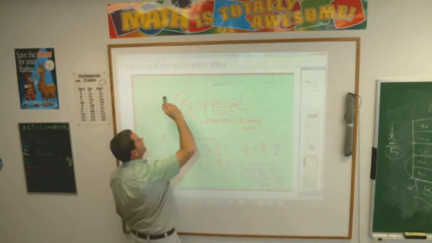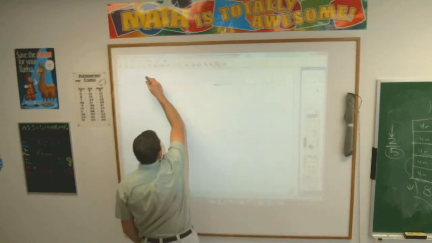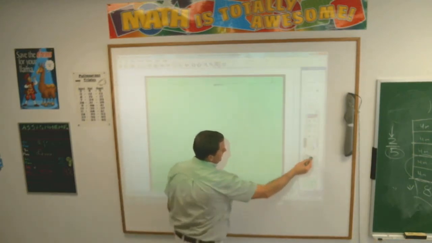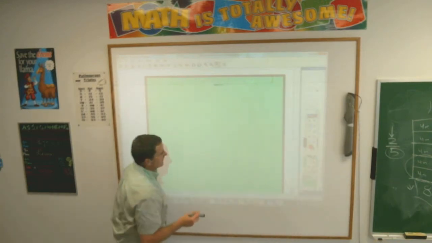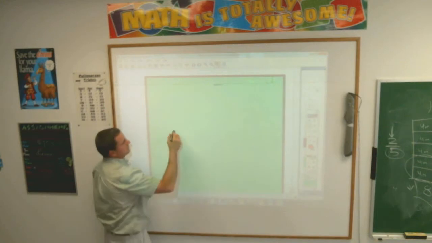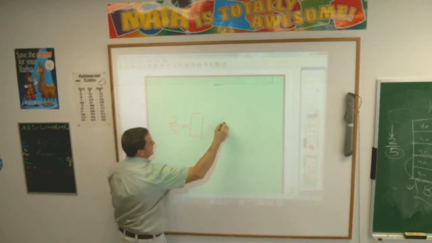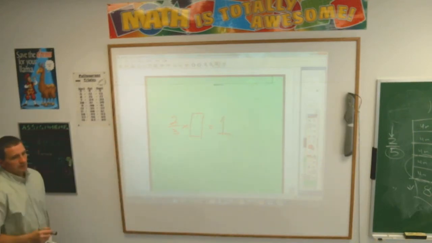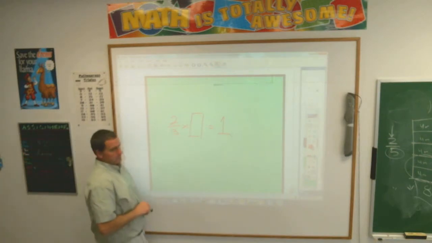Now, things to watch out for when you see reciprocals: people ask me questions on this all the time. If they do something like 2/3 times a little box equals 1, guess what the number that goes in the box is?